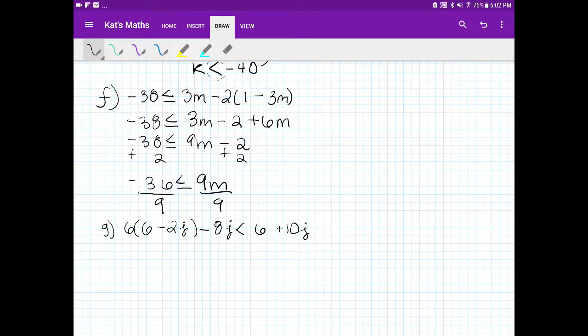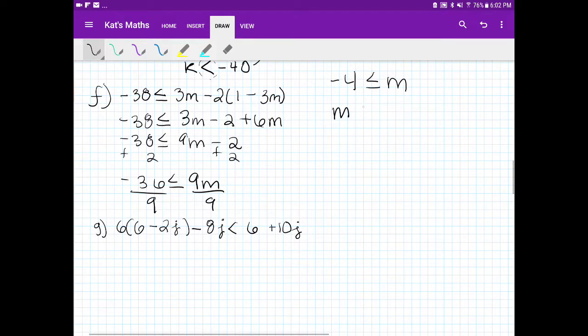We end up with, well, okay, negative 4 is less than or equal to m. So to write that in a way that I prefer, we can say m is greater than or equal to negative 4. So if we're doing a greater than, we're going to put that number down at the left side of the number line.